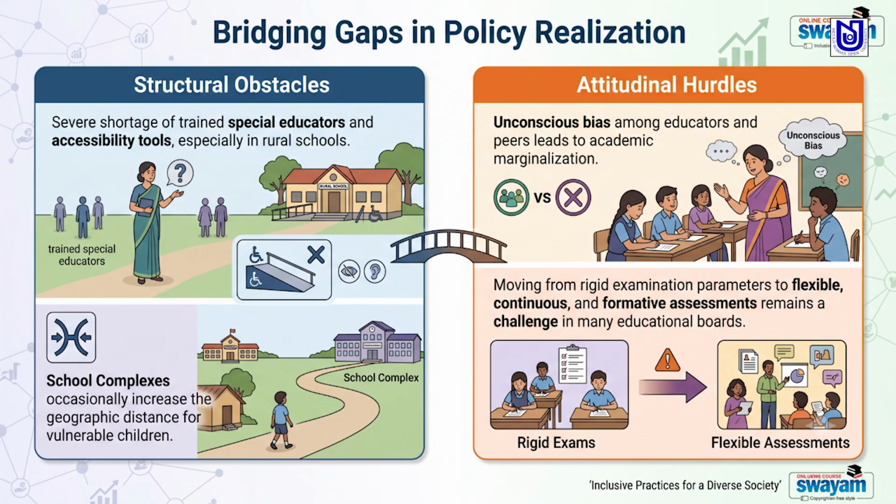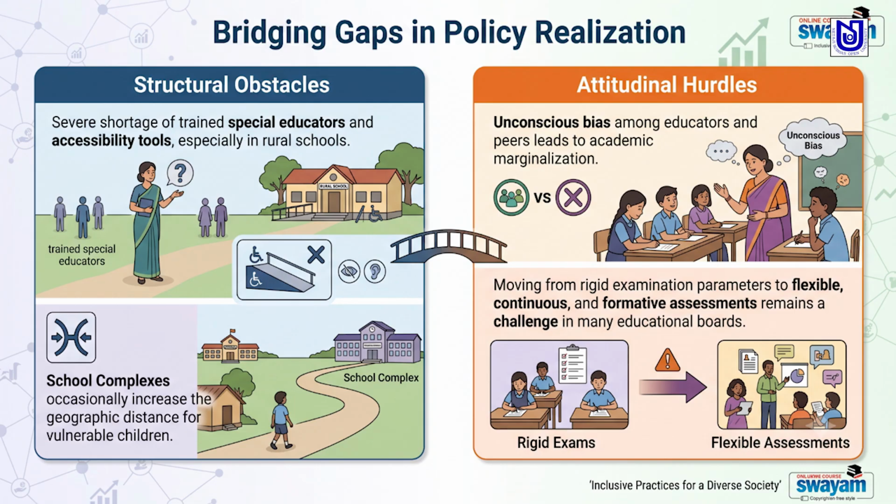The severe shortage of specially trained teachers or special educators and accessibility tools and structures across institutions, especially rural learning institutions, needs to be bridged. Similarly, school complexes need to be organized in special areas. The geographic distances have to be reduced to promote inclusive practices and to promote the accommodation of vulnerable children.